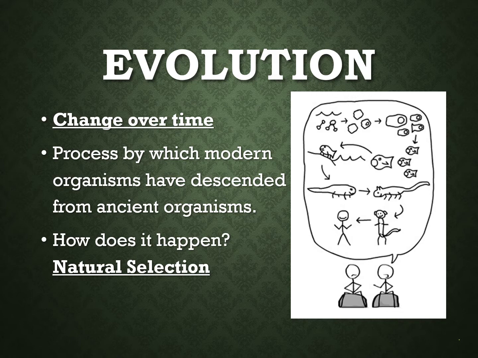However, in real organisms, it occurs through natural selection, so it occurs over many generations. It's also the process by which modern organisms descended from ancient organisms, again over a lot of time and many generations. We're going to talk about that a little bit today. We'll talk about the history of the Earth more in future weeks as well.